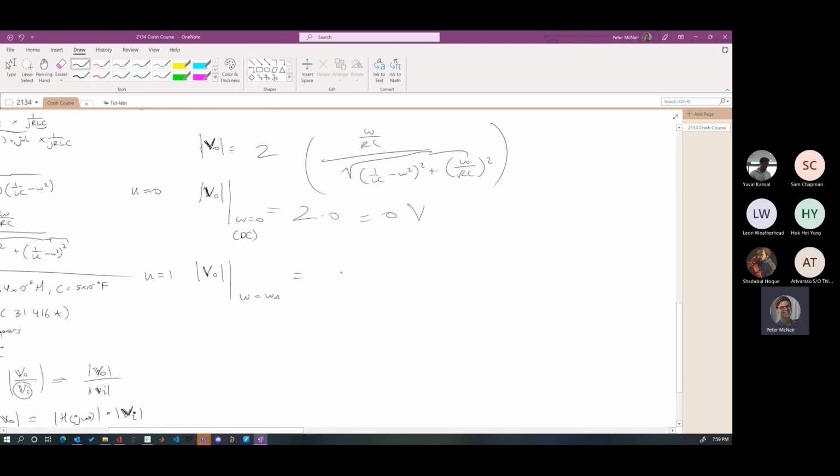So this is equal to 2 times, it's a bit annoying, but 31416, it's just mostly numerical things. Making sure that you're being very precise with your calculator use is always important.